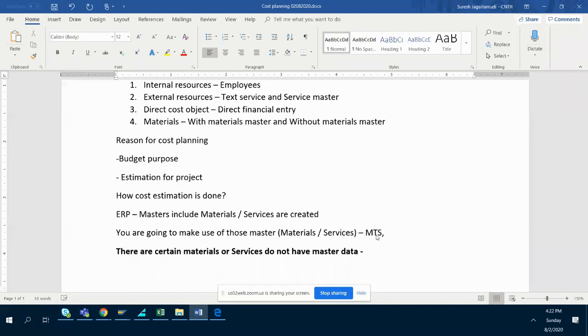No. That is why, anything we discuss, you always link with these four scenarios: MTS, ATO, ETO, or MTO. Then it simplifies your understanding. Wherever there is master data, that is nothing but the MTS case. Master data never changes.